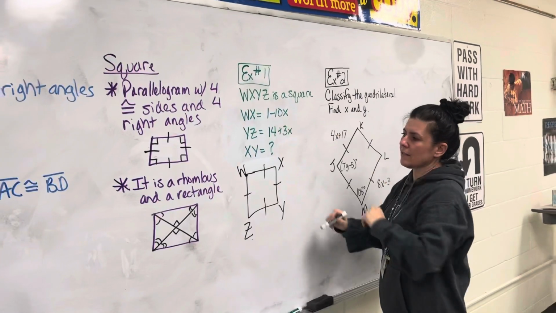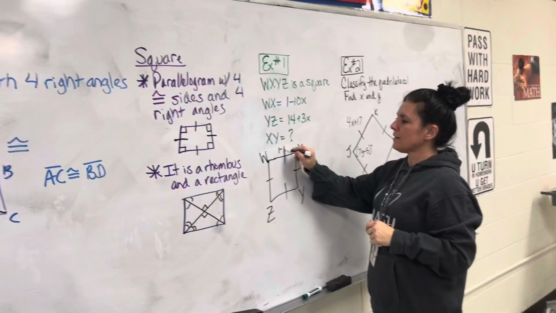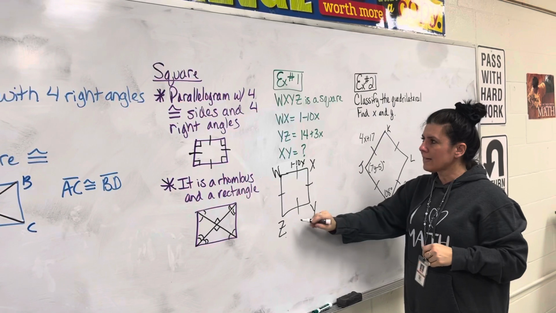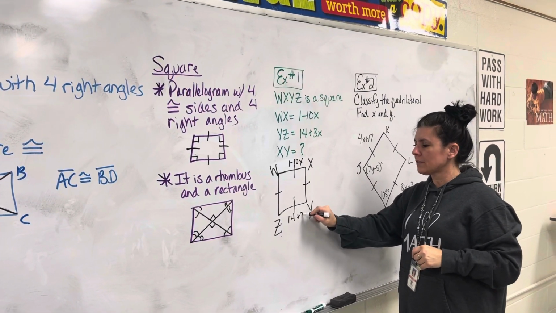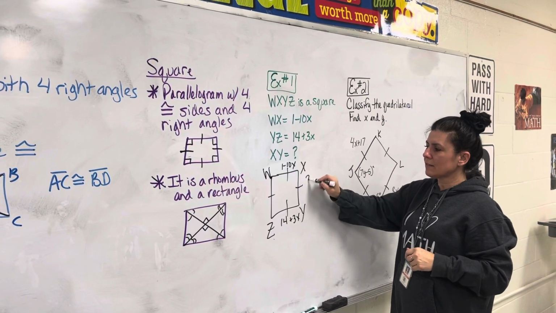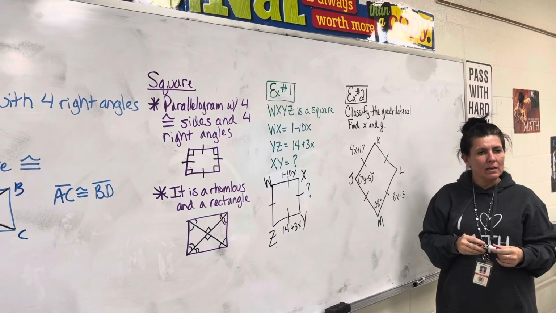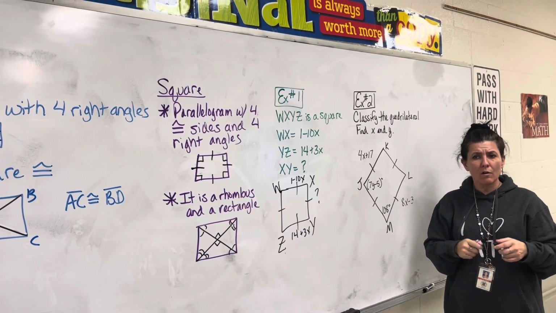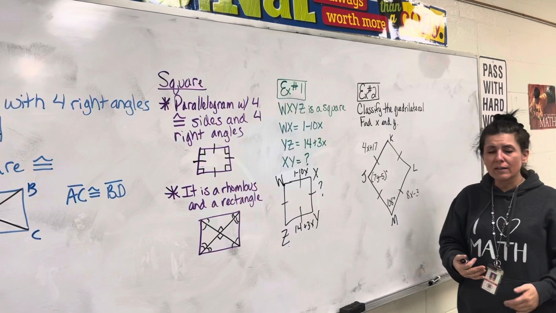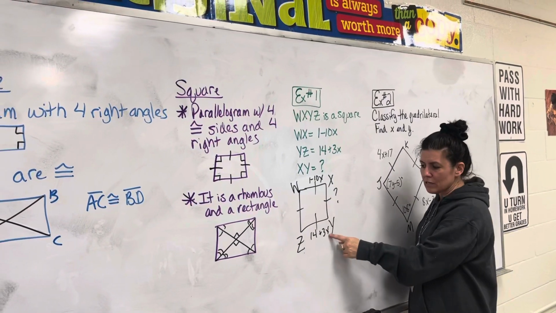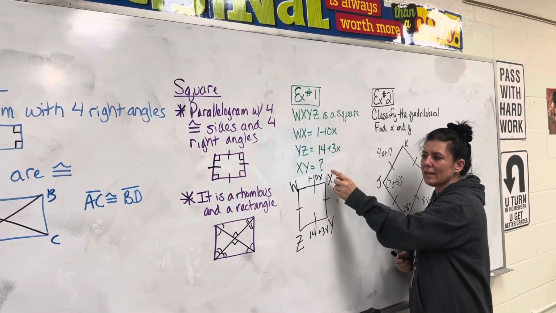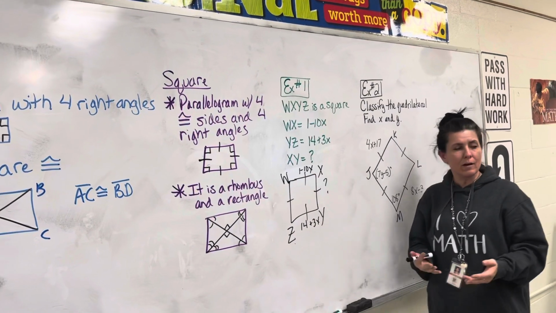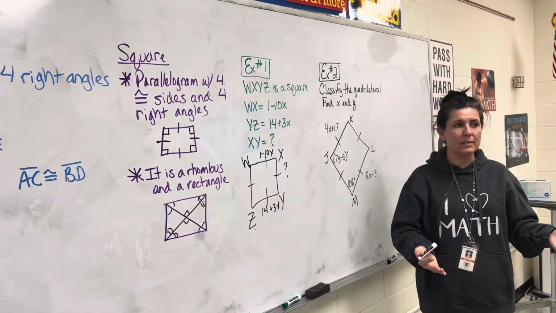And they're telling us that WX is 1 minus 10x, and YZ is 14 plus 3x. They're asking us to find the length of XY. And because it's a square, we know all the sides are the same. So if I can figure out what x is, the variable x, I can plug it into either of these expressions and figure out that length. And all the lengths are going to be the same.